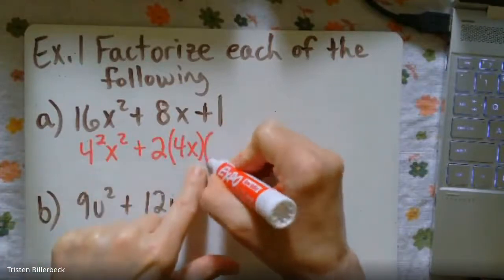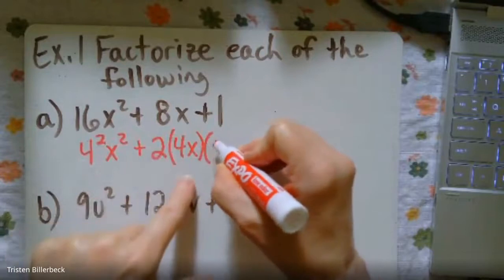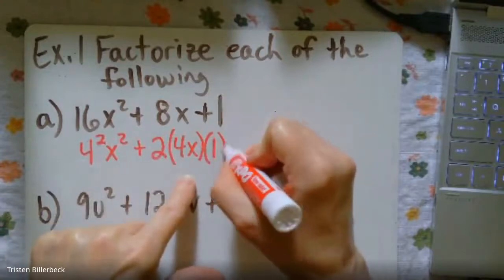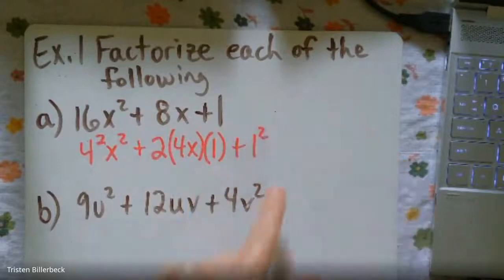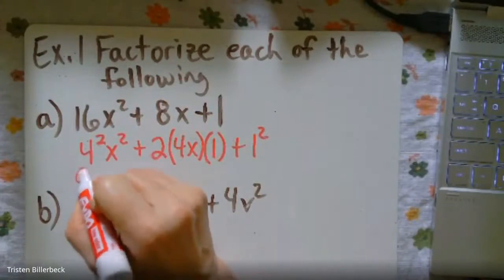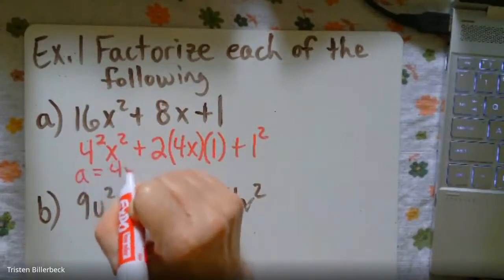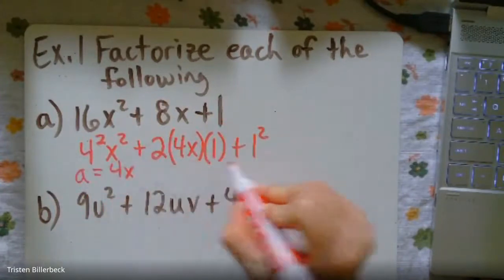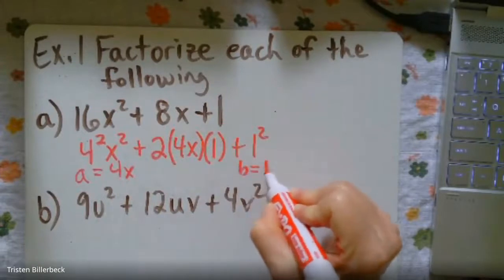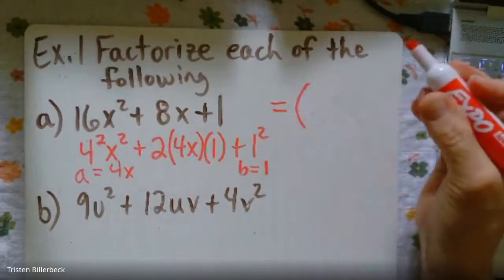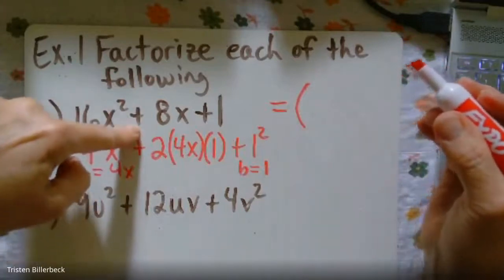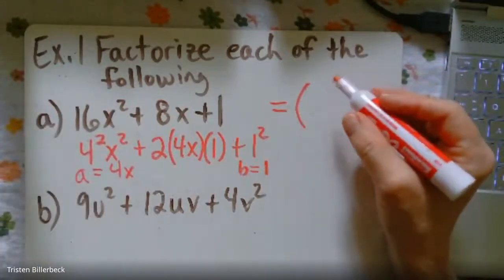And then we need a b. Well, we have nothing left, but this is a 1, so our b is 1 plus 1 squared. Well, 1 squared is just 1. Okay, so we have a equals 4x, b equals 1. So when we factorize this using special products, we remember that's a plus sign.